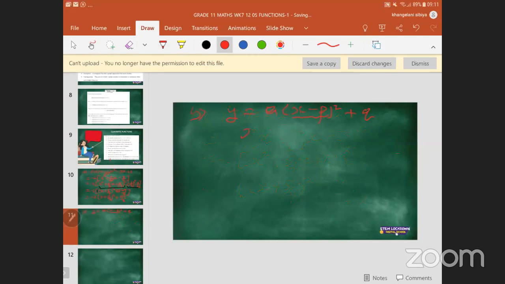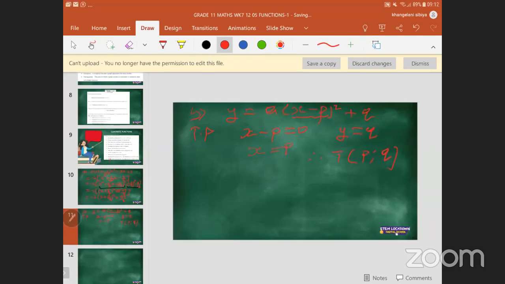So this would be X minus P equal to 0. Please don't forget this is for the turning point. And you take Y as it is, so your Y will be Q. Obviously you have to solve for X here, so your X will be P. Which means your turning point will be P and Q. That is what is very important.